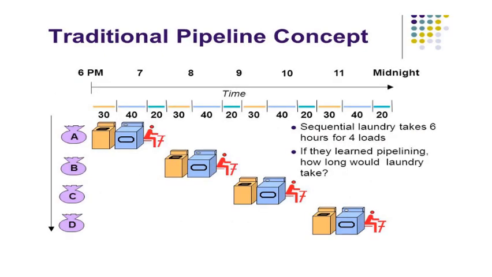Here, since there are 4 loads, for 30 minutes the clothes are being washed, and after that the clothes are dried for 40 minutes. Then the user takes 20 minutes for folding the clothes. After that the second load is taken and the washing, drying and folding process is completed.